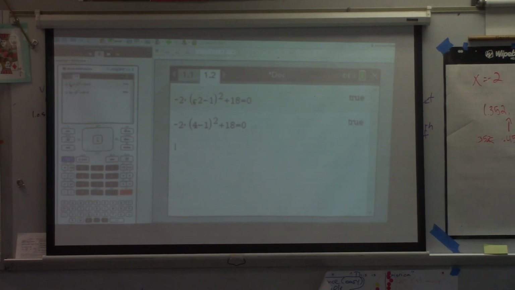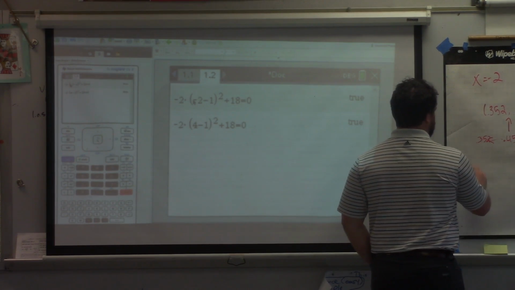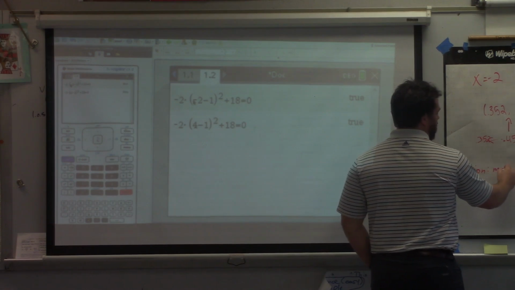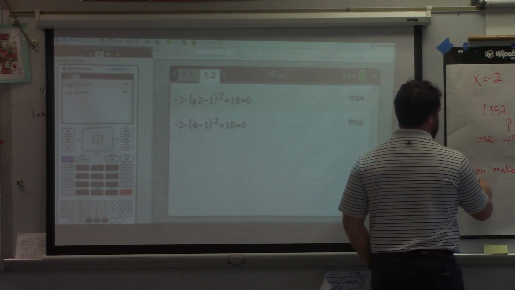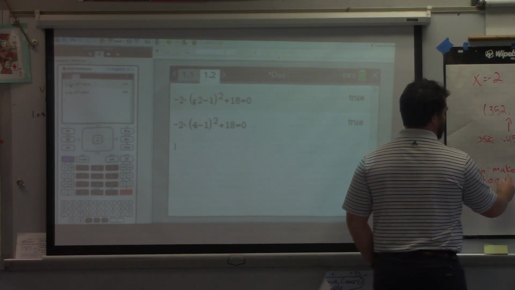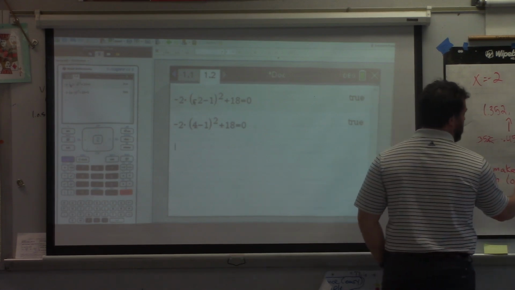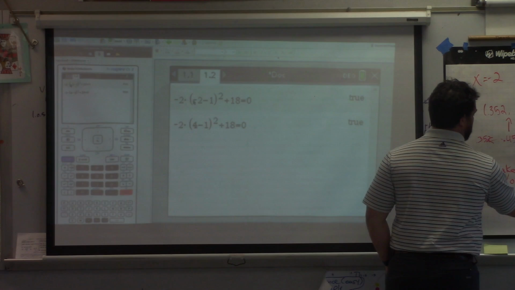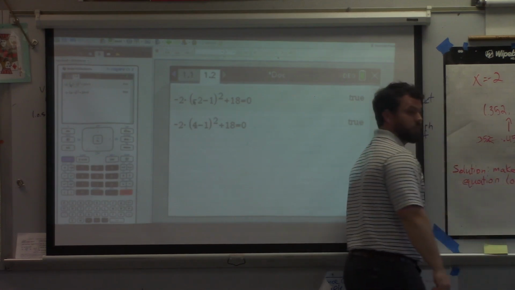So, if you weren't aware of this, please write down this definition. Solution. What do solutions do? They make the equation true. Do you think it only is equations? Expressions you can't make true, but there is another one. There's expressions, equations, and inequalities.